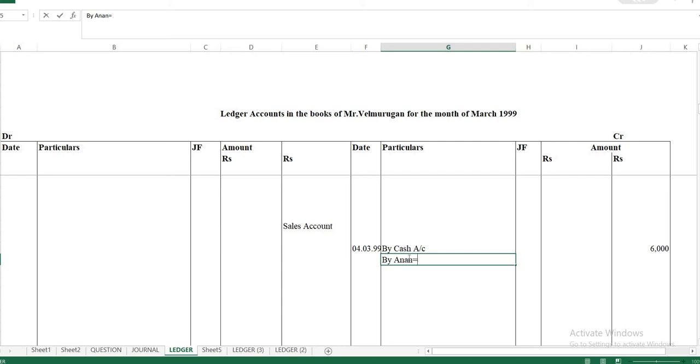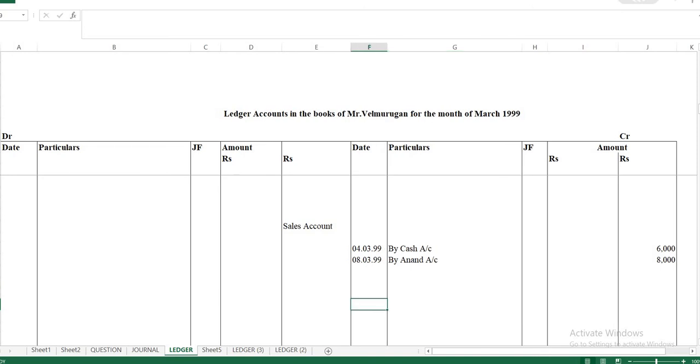That amount, 8000, you enter. The date is 8th March, so that you mention. So like this you have to prepare the accounts.